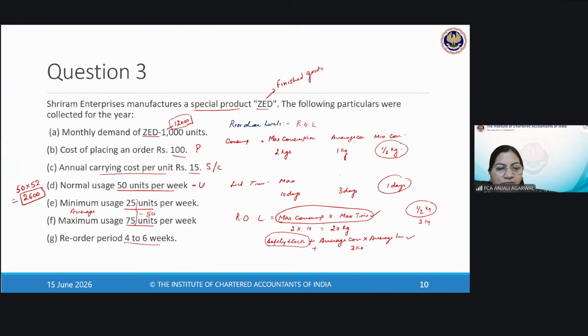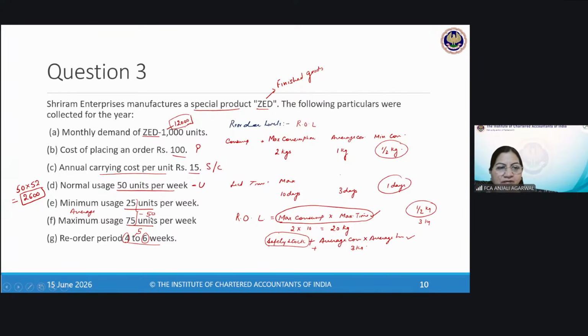And reorder period is also given, minimum 4, maximum 6. So average reorder period, or lead time, would be 5 weeks. So in this question, average usage is not given. We have calculated it using the minimum and maximum. If minimum and maximum are not given, you cannot calculate the average.